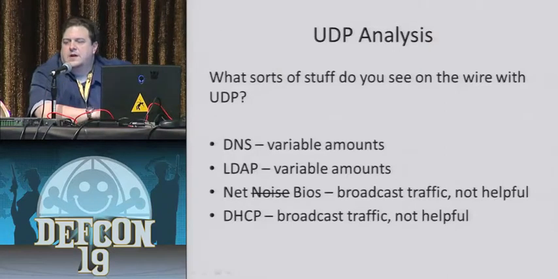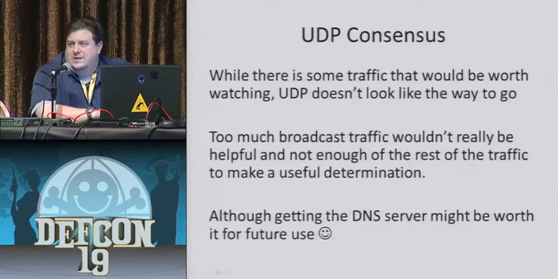LDAP's another possibility if you're in an Active Directory environment. DHCP is not really useful, and NetBIOS isn't terribly useful. So UDP, aside from grabbing the DNS for use later on, I don't really think that UDP is the way to go.